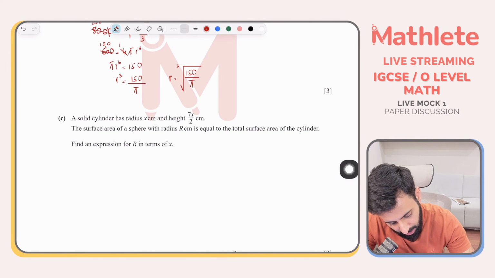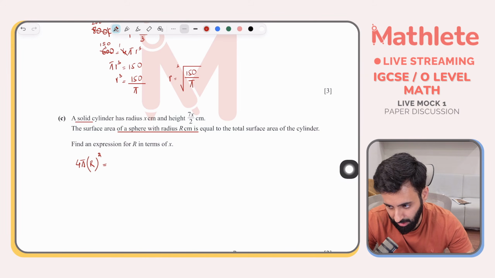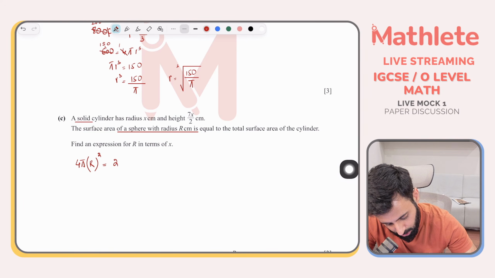So the surface area of the sphere with radius r will be 4 pi r square, equal to the total surface area of the cylinder. Now it says solid, that means everything is intact, base and everything. So 4 pi r square is equal to 2 pi, the radius of the circle, that's 2 pi x squared.